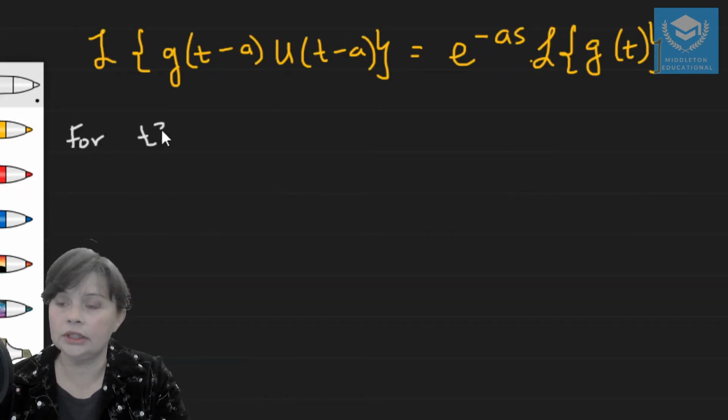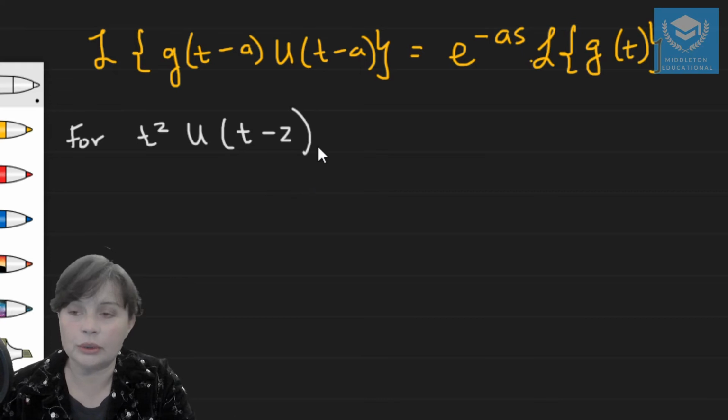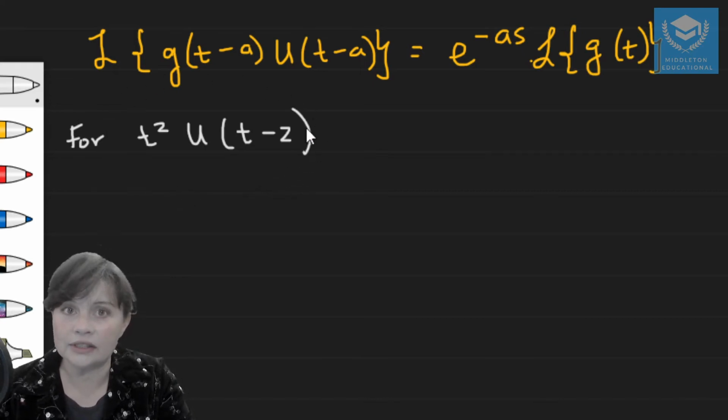So t squared times u of t minus 2. And what we want to do is change the form of this function into the form inside of this bracket. So you want to have a t minus 2 as part of the t squared.